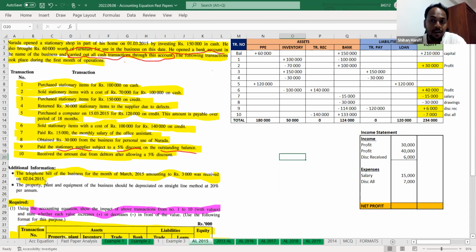What is the accounting concept of this? So we have to take that telephone bill as March expense. Which is an expense, 3,000. So can you tell me what is the accounting concept related to this?